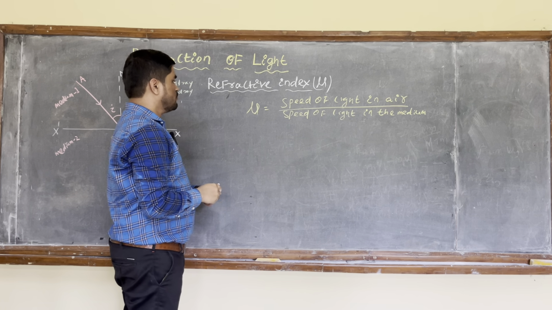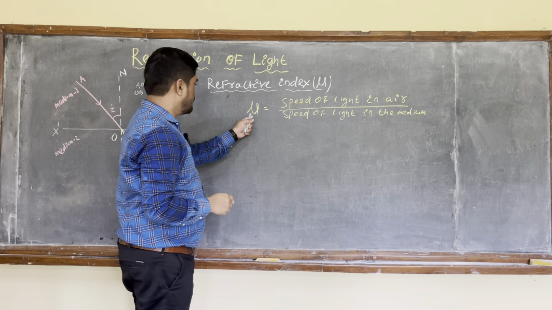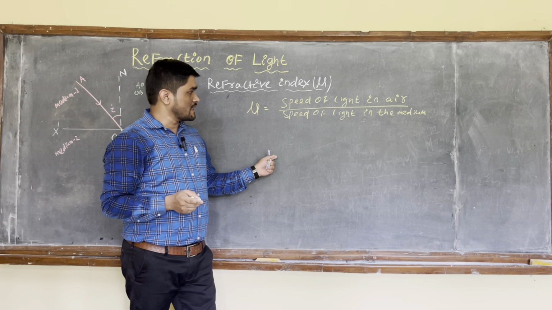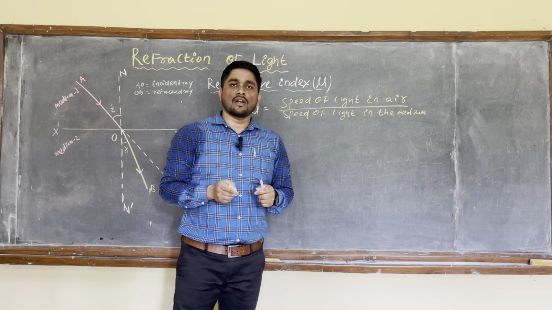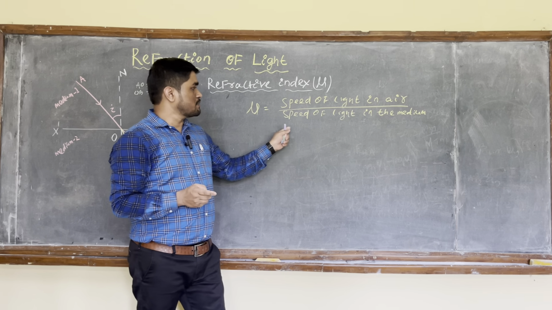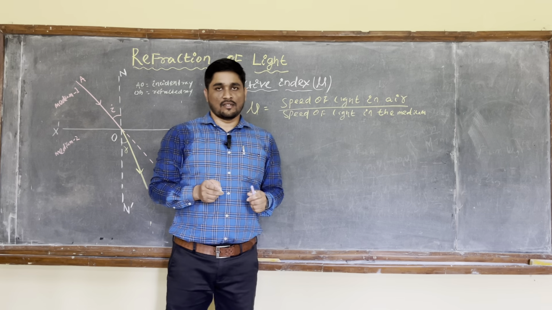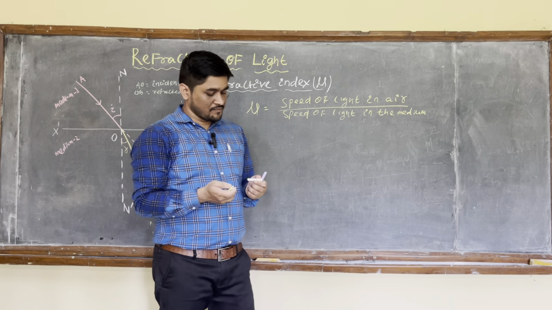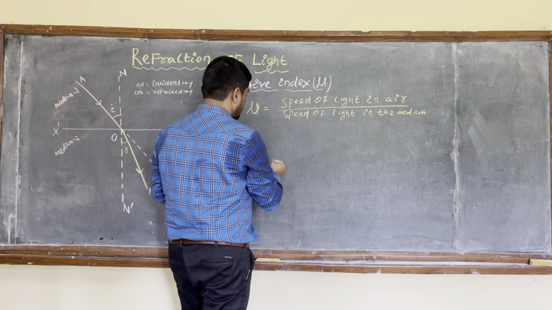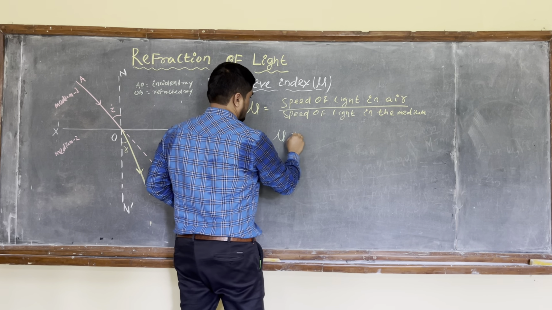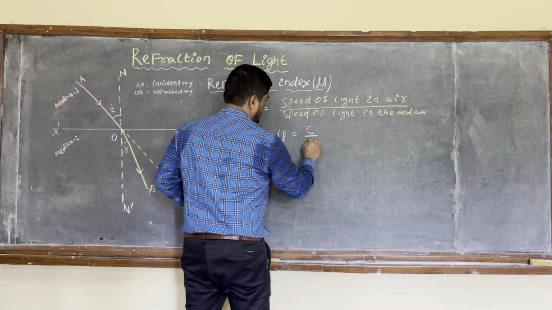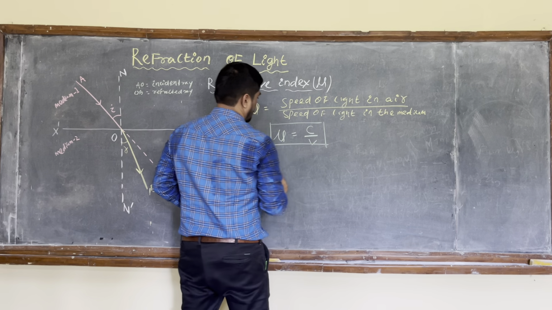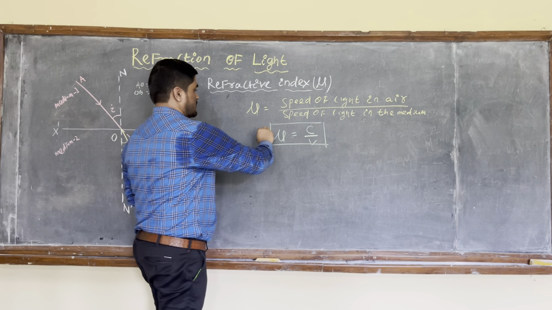If you have to find the refractive index of water, you take the ratio of the speed of light in air to the speed of light in water, which gives the refractive index of water. So the formula is mu equals C divided by V. You have to remember this formula of refractive index mu.